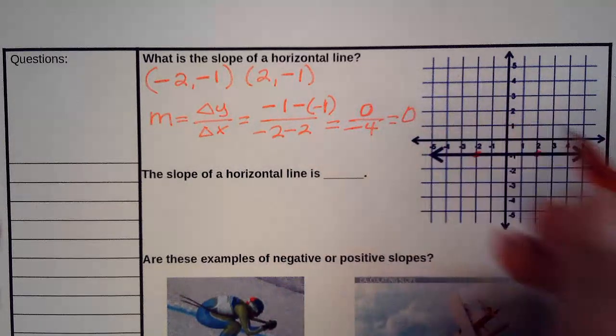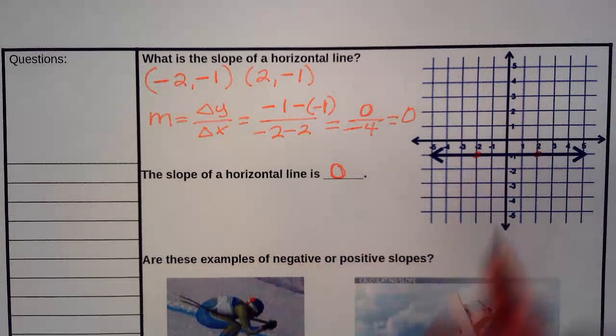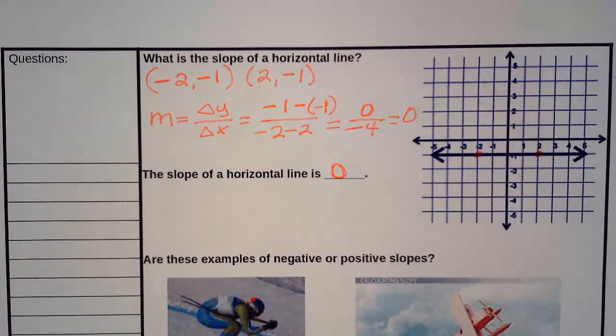And this gives me 0. So the slope of any horizontal line will be 0. So every time you see a horizontal line, think 0. Vertical line, think undefined.